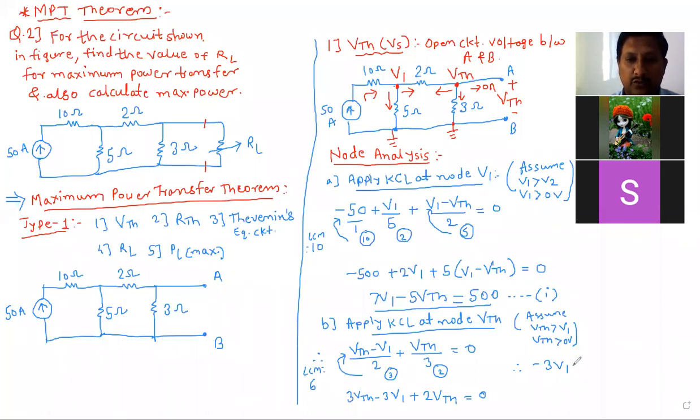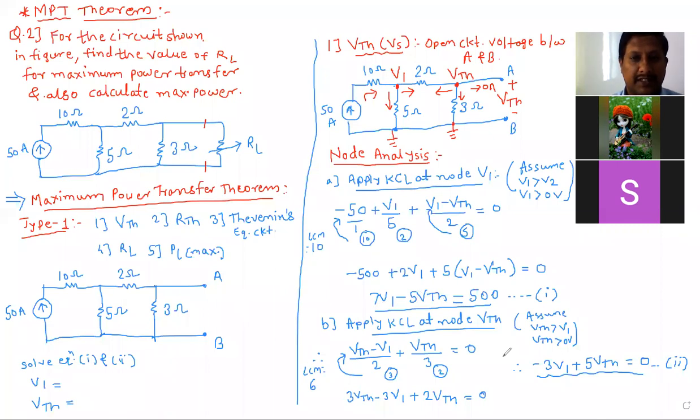Next 3 VTH plus 2 VTH, that is 5 VTH, is equal to 0. This equation you can take as the second equation. Solve equations 1 and 2 and tell me the answer of V1 and VTH.